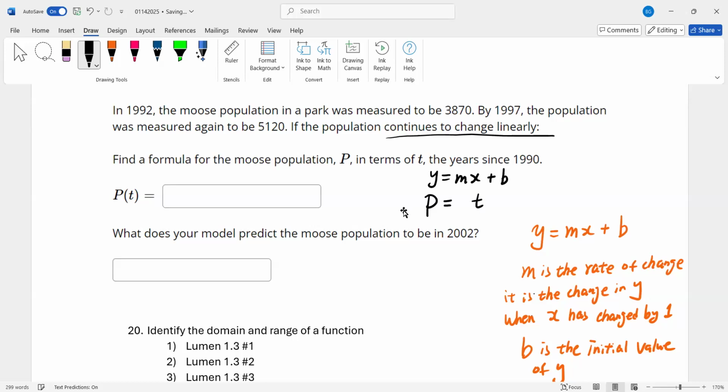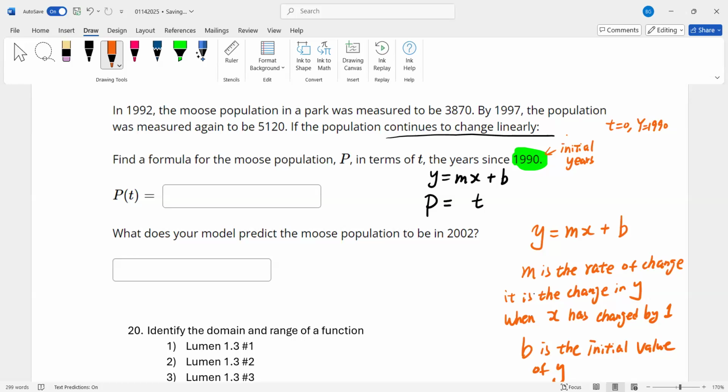The question points out, t here is the number of years since 1990. This is also very important. That means we see 1990 as the initial year. So when the year is 1990, t equals 0, because t here is the years since 1990, right?